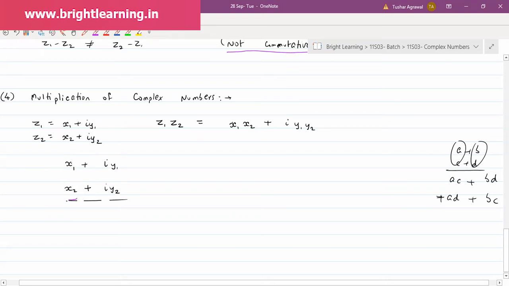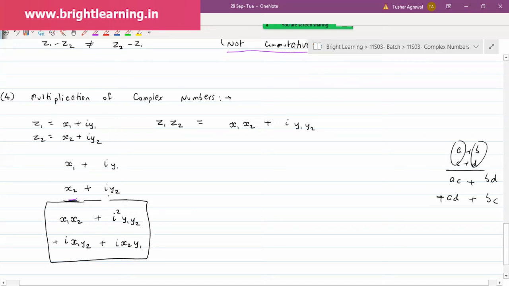The answer would have been x1 multiplied by x2 plus i square y1 multiplied by y2. After that, there would also have been a term of i times x1 y2, and also a term of i times x2 y1. So I will give this to be my definition.